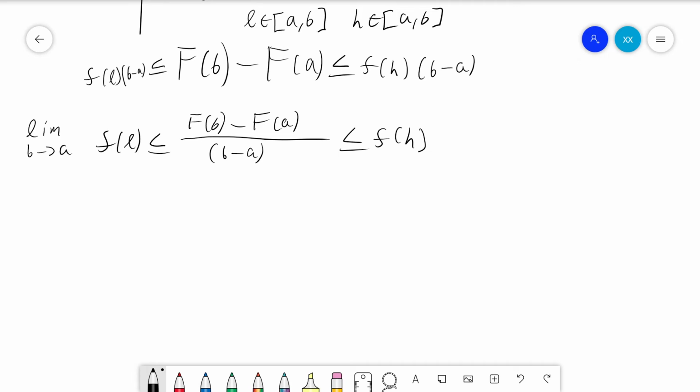Now, this is going to do a couple things for us that are all super cool. The first thing is, let's look at the middle part of our expression.